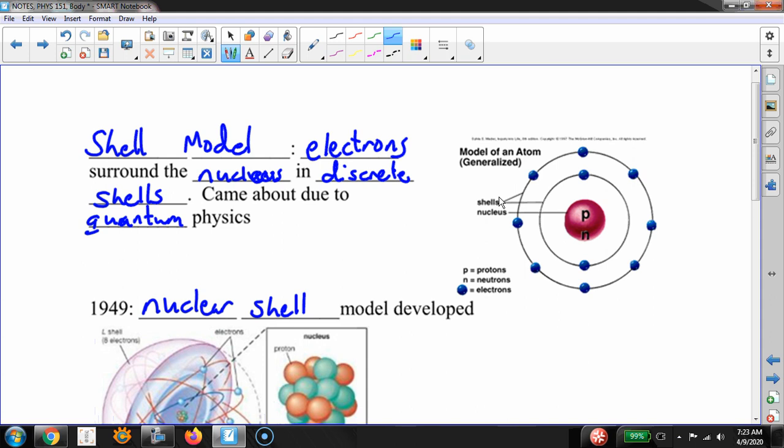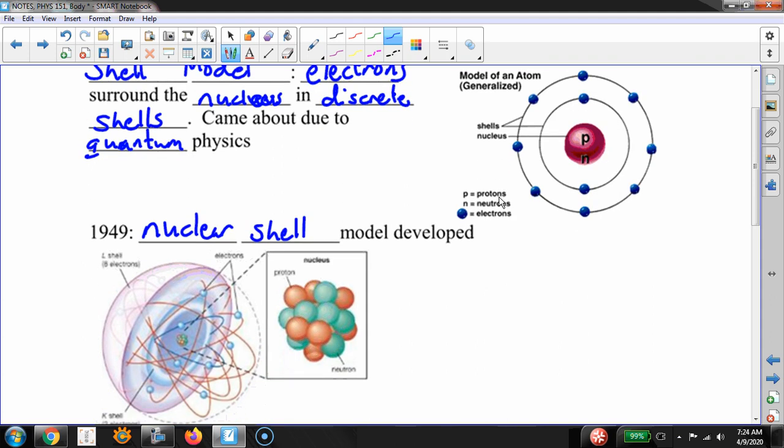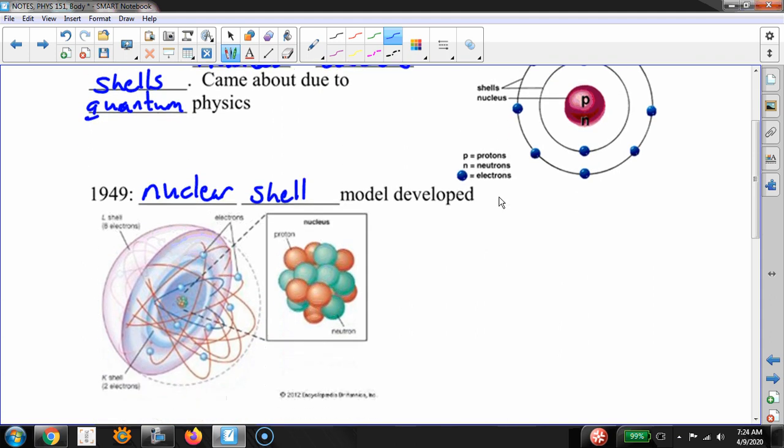For the nuclear shell model, we're not going to get into this very much, but just know that it's kind of like the shell model, except it extends into the nucleus. So you begin to talk about the nucleus also having shells.